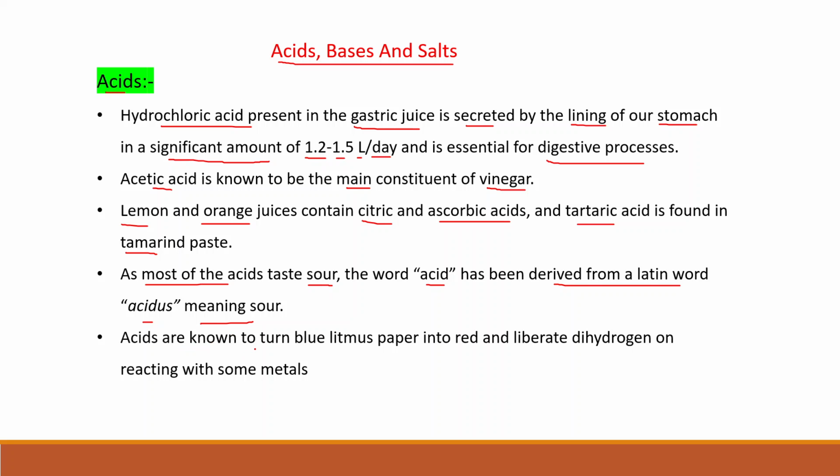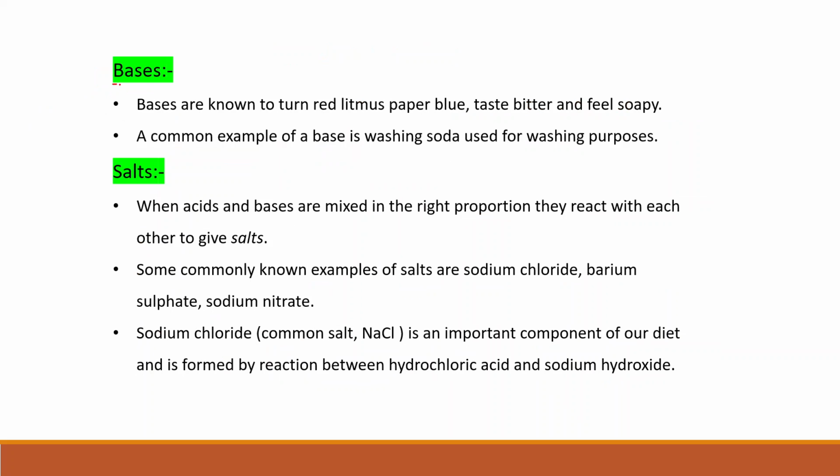Acids are known to turn blue litmus paper red and liberate dihydrogen, that is hydrogen gas, on reacting with some metals. Bases. Bases are known to turn red litmus paper blue, taste bitter and feel soapy. A common example of a base is washing soda, used for washing purposes.